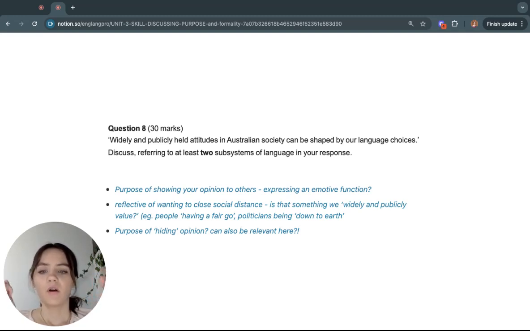So, how many purposes can we attach here? Really, your answer is probably going to depend on your contemporary modern examples. If you have a lot of them that are supporting, say, an emotive function, supporting someone needing to express how they feel, you might really say that there's this purpose of showing your opinions to others, this purpose of wanting to express an emotive function, this underlying intent of getting some rage out.